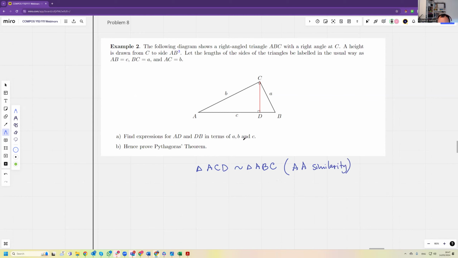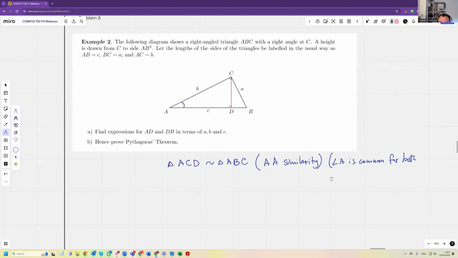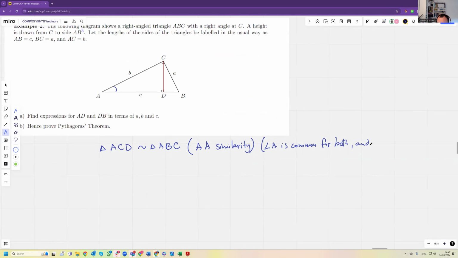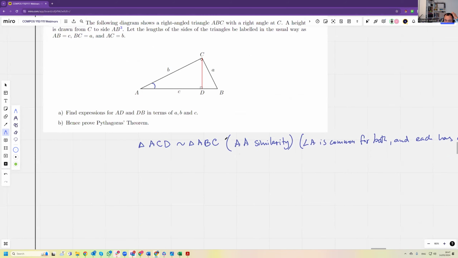This is because angle A is common for both, and each has a 90-degree angle. So by two angles, we have the 90-degree angle, and they both have angle A, whatever angle A is.